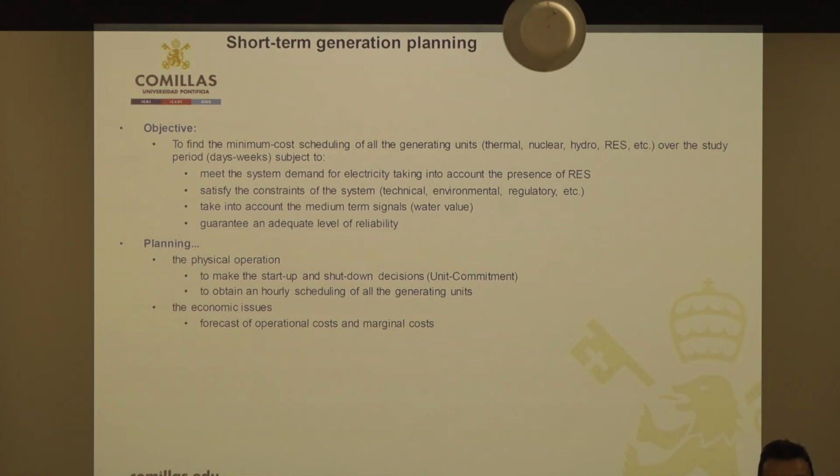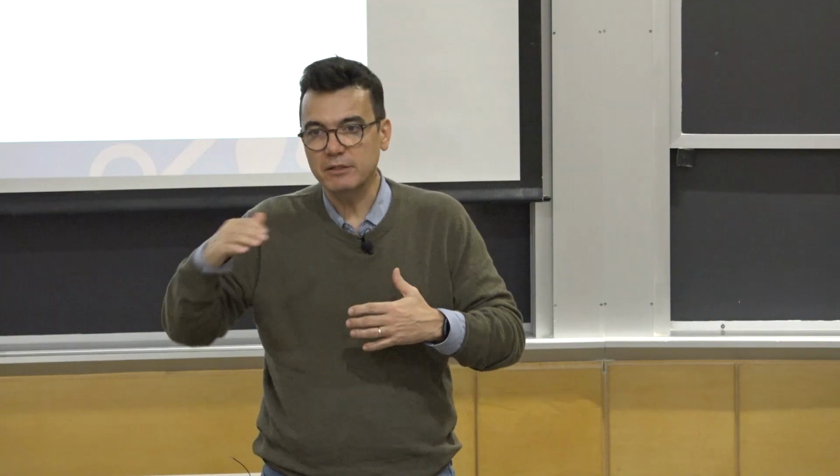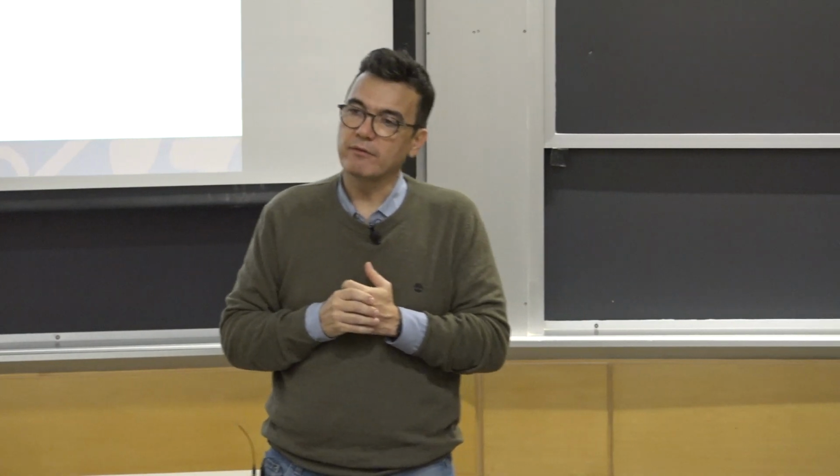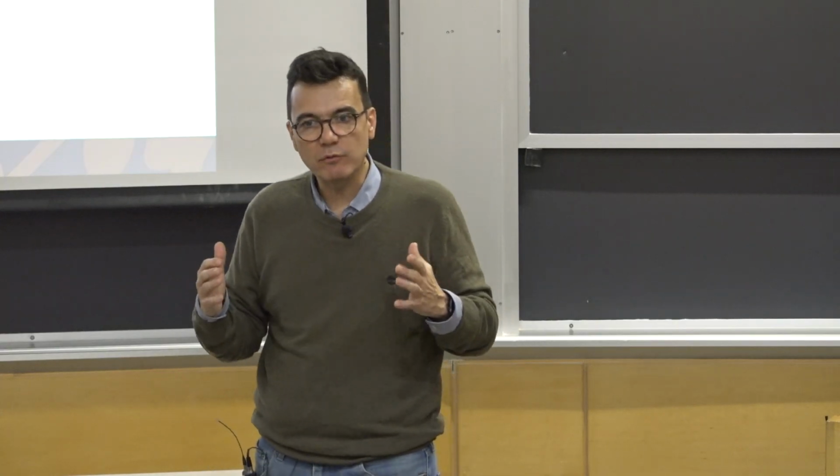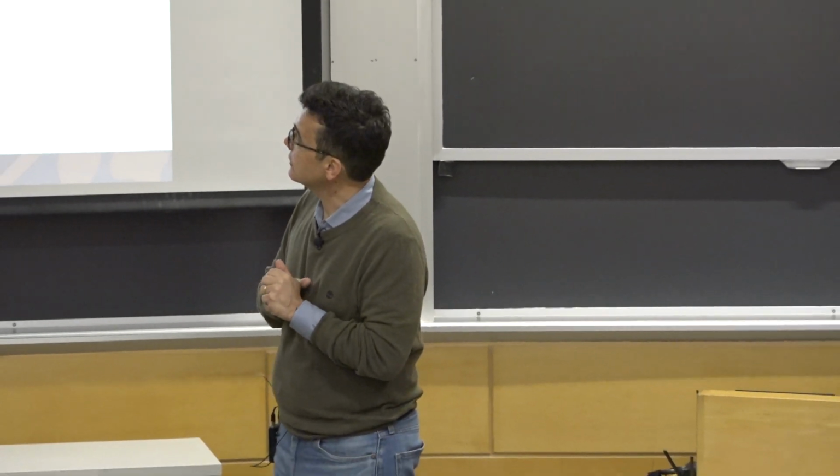You need to follow many technical constraints, especially when you have thermal power plants. Deciding to start up one unit takes several hours. It's a process that cannot be done automatically. And once you start, you cannot shut it down immediately. You need to wait a number of hours. The maximum gradient of the variation of power between consecutive hours is very limited. So it's a process that involves discrete decisions, okay?